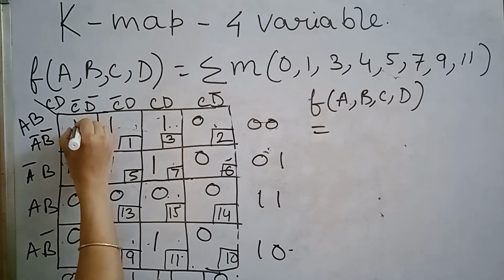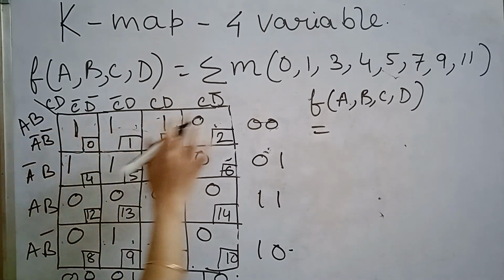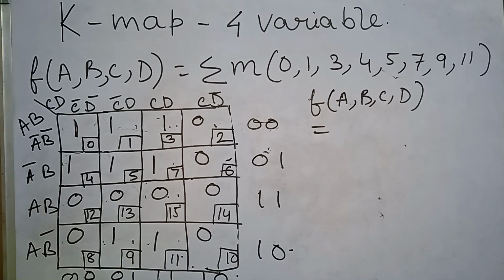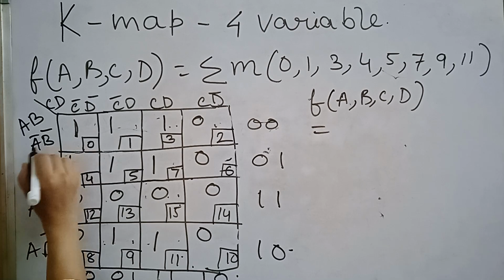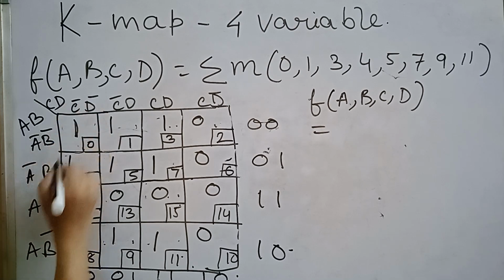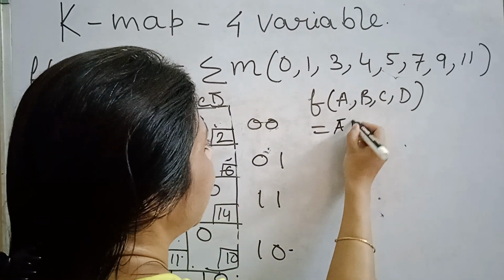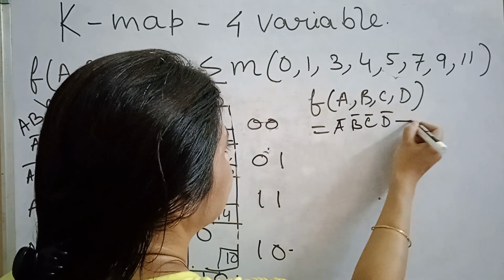We need to write down the expression for each individual one in its original form. That means for this one, from row A bar, B bar, from column C bar, D bar. So this is A bar, B bar, C bar, D bar.